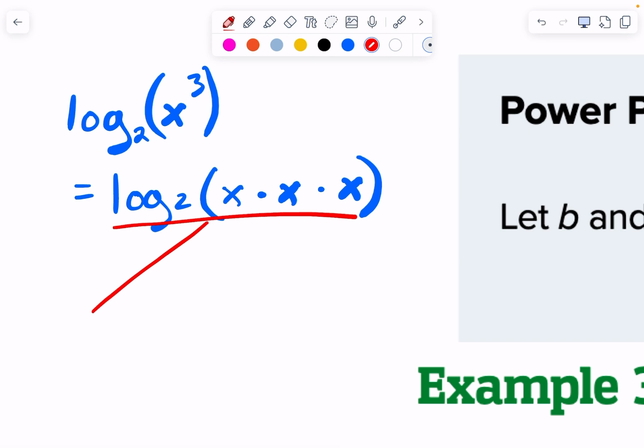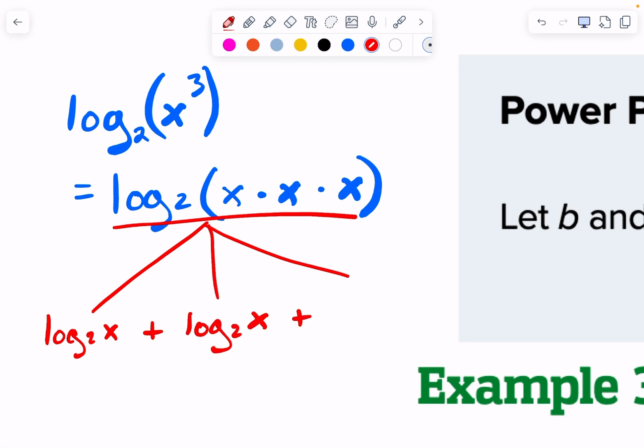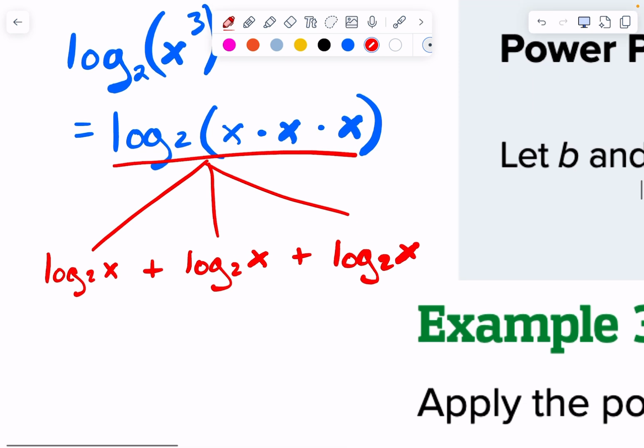So I can break this into 3 pieces: log base 2 of x plus log base 2 of x plus log base 2 of x. If I take that, what will it give me? 3 log base 2 of x, right? There's 3 of them.